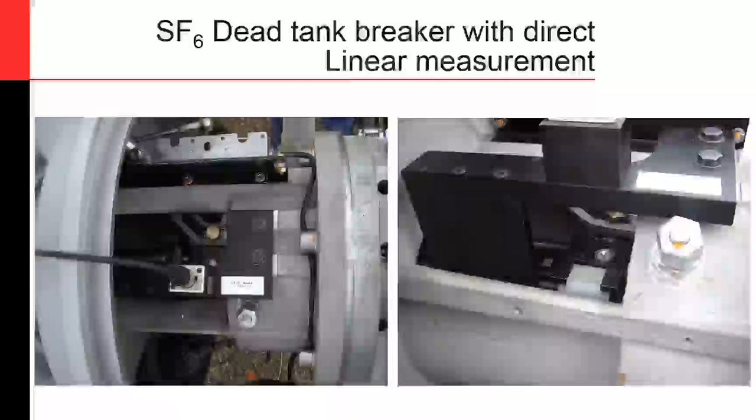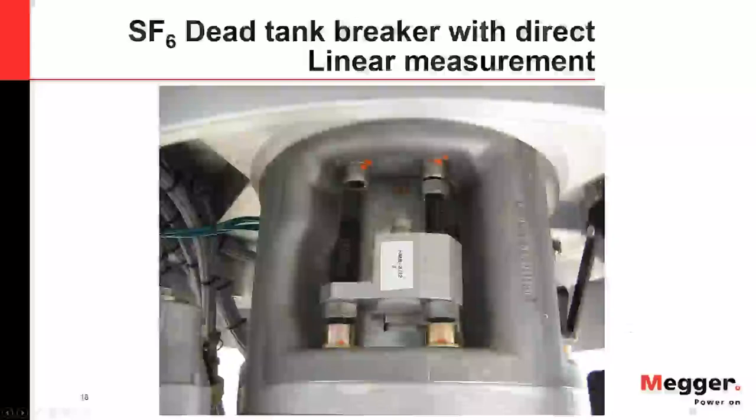I had mentioned that we have some special circuit breakers, or mechanisms really, that you have to hook up a transducer to that fits directly inside of that mechanism. So this is one of those. This is the ABB AHMA, and then following that, we have the ABB AHMB.